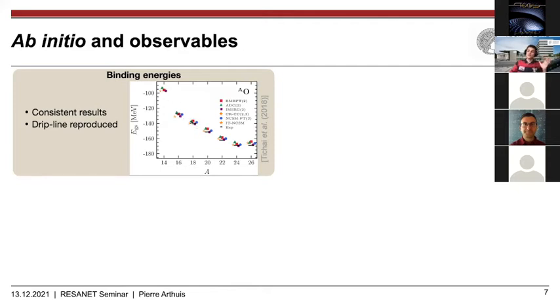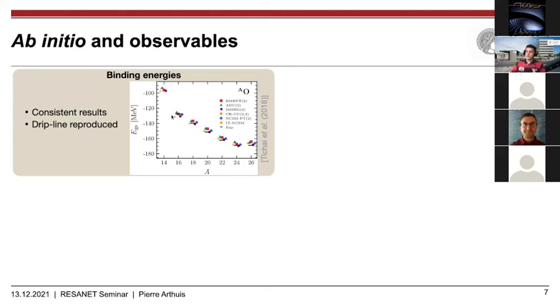And what is pretty reassuring here is that, as you can see, all points are pretty much grouped, which means that all those methods with their different expansion truncations, with their different assumptions, give pretty consistent results. And that is really a sign that ab initio methods are sound in the first place.